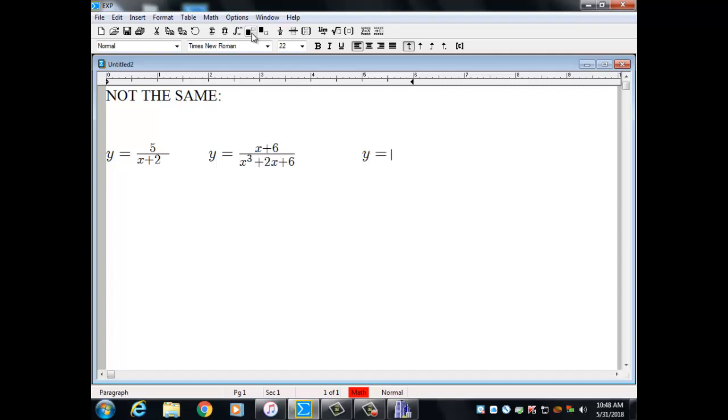Y equals 3x plus 4, or 3x to the 5th plus 4, over x to the 7th plus 1. All of them, the top is less than the bottom. Do we agree with that?